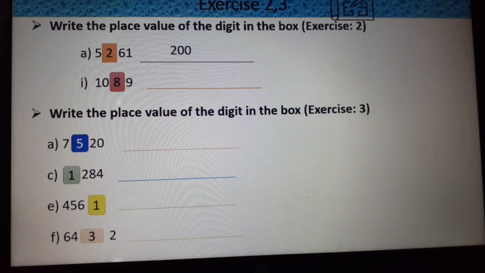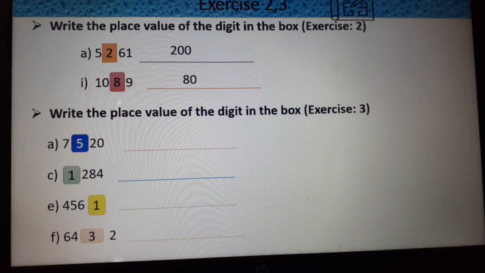The highlighted one is 8. So the place value of 8 we have to find out. So the place value of 8 is 80. Yes. And we write down the place value here in number. But if we have to write down the place value of 80 in words, then it will be 8 tens. Yes, you know that, I know.